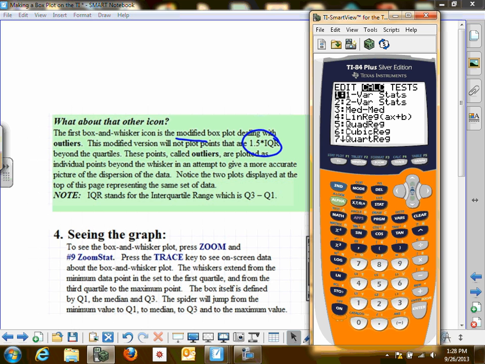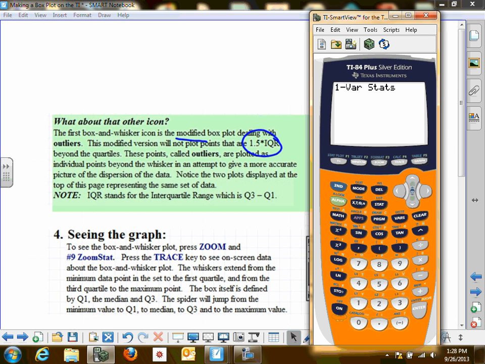All right. This is where you used a lot of things with the functions last year, where you might do linreg to calculate the line, calculate a quadratic progression, or some other things. But we are interested in the first one, which is the one variable stats right there. So I'm going to hit number 1. All right, and you can hit enter at this time, but I do want to tell you, when the calculator is like this, it's defaulting to L1 as the list that it's going to calculate stuff for.